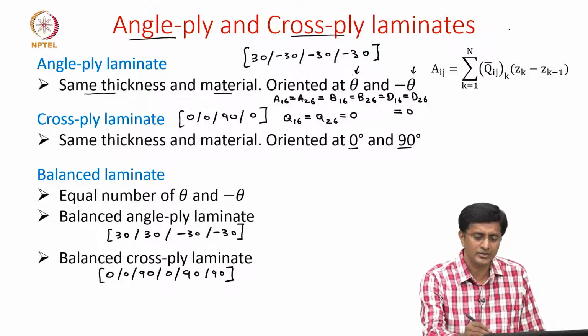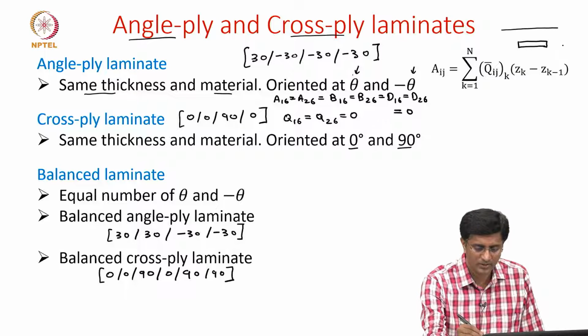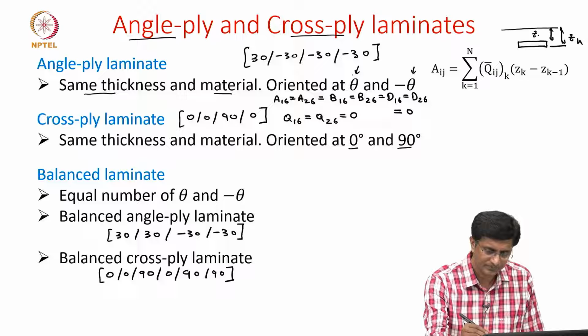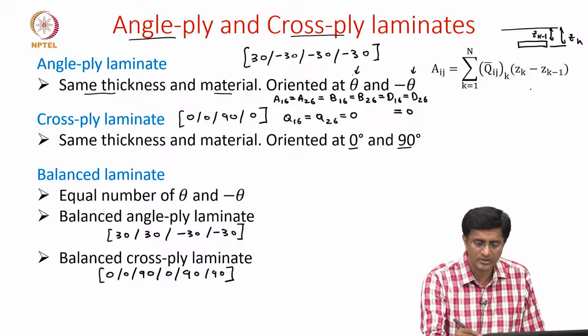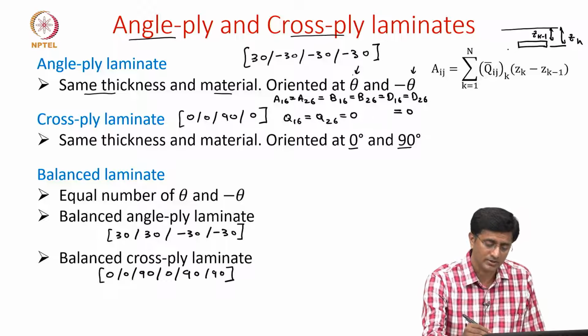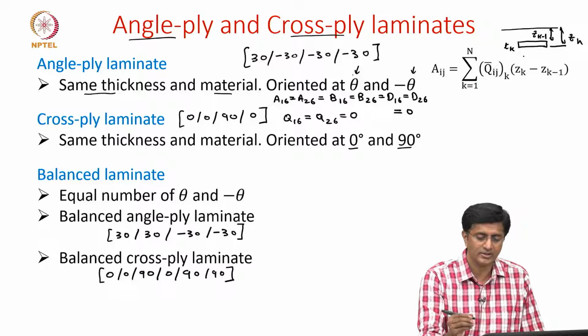If you look closely, earlier we said if this is the mid surface and this is a particular layer, this bottom layer is represented with Zk and the top surface is represented with Zk minus 1. So what is the difference Zk minus Zk minus 1? It is simply the thickness of this layer.